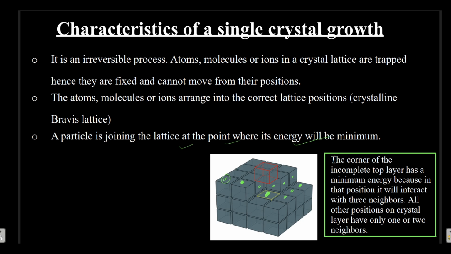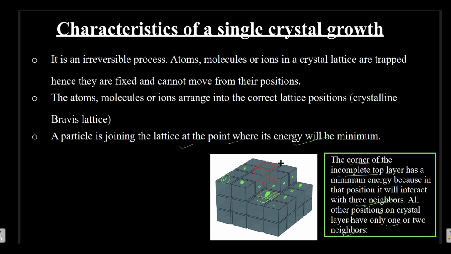You can see over here, I have written it in a simple way. The corner of the incomplete top layer has a minimum energy, because in that position it will interact with three neighbors, 1, 2, and 3. All other positions on the crystal layer have only one or two neighbors.